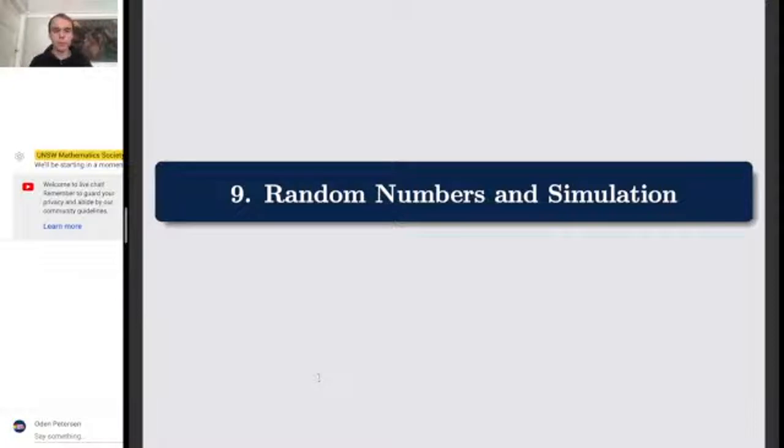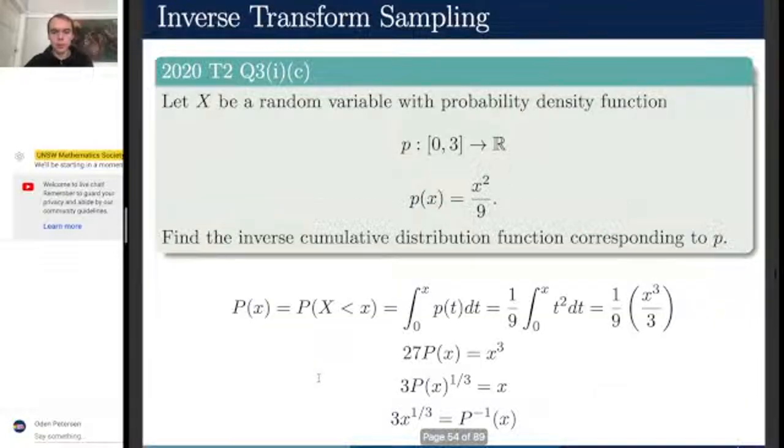All right, so I guess the next bit is talking about random numbers and simulation. I guess the idea here is that, well, in order to do Monte Carlo, for instance, we need to produce random numbers from whatever distribution that we want.